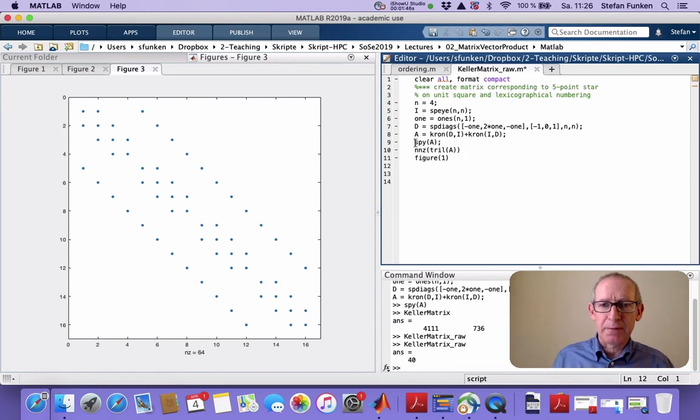Then spy(A), and in figure 2 we compute our Cholesky matrix. Cholesky of A usually gives the upper part, but I want to see the lower part, and this gives spy(L). And let's say we will use it as markers.